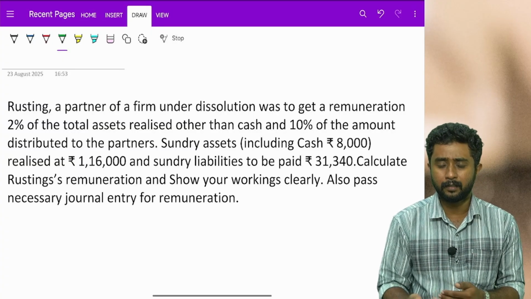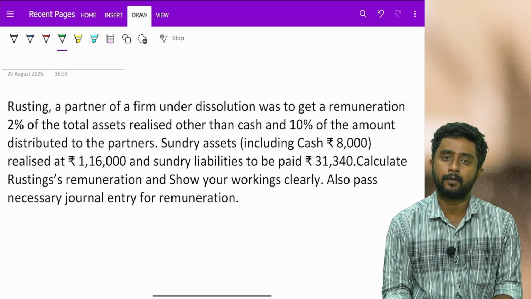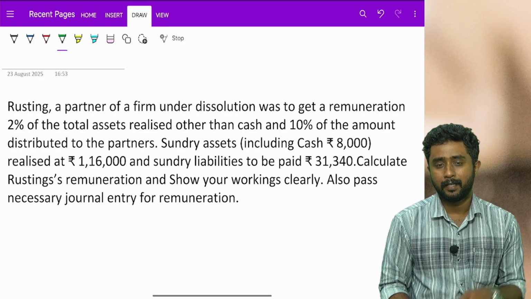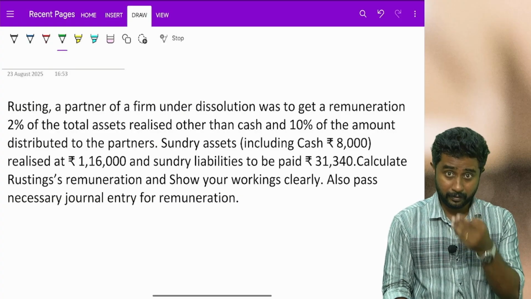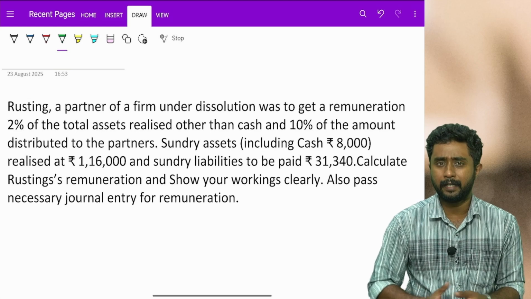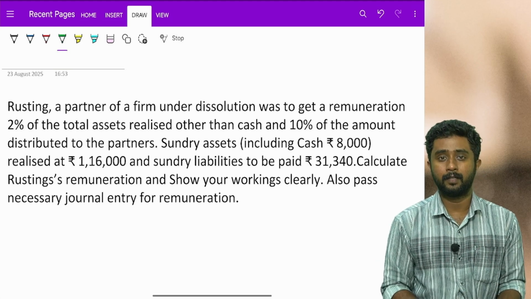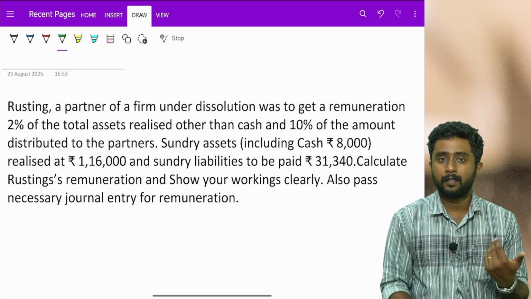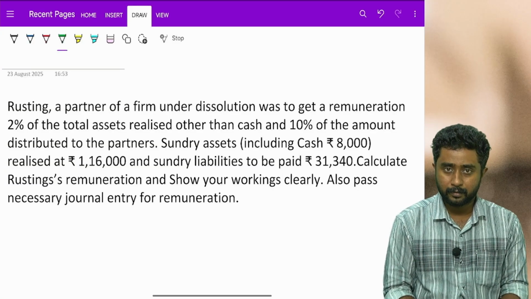In turn, he must be paid some amount, which is basically called remuneration. Realization expense was all the expenses related to selling of assets and paying of liabilities. This is also a kind of expense, though we cannot call it realization expense. It is also an amount that the firm has to pay to the partners.